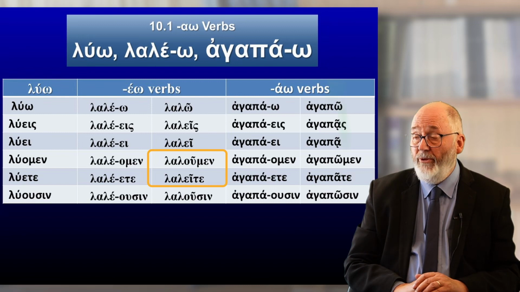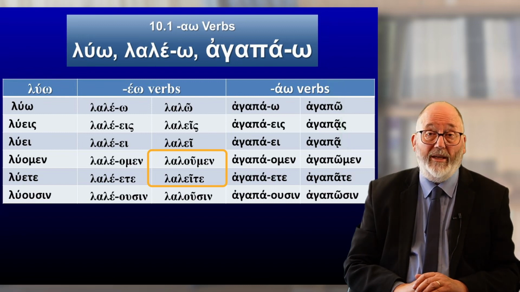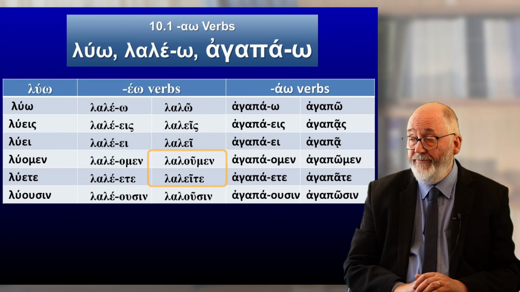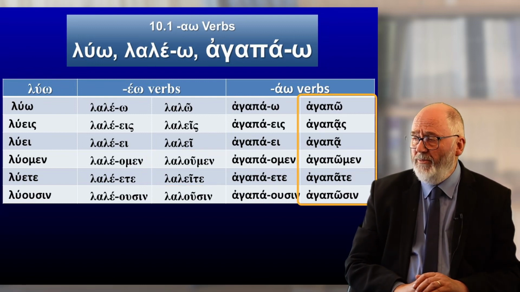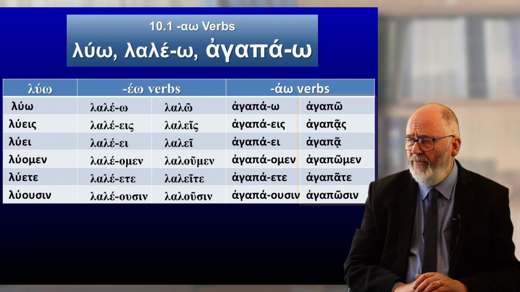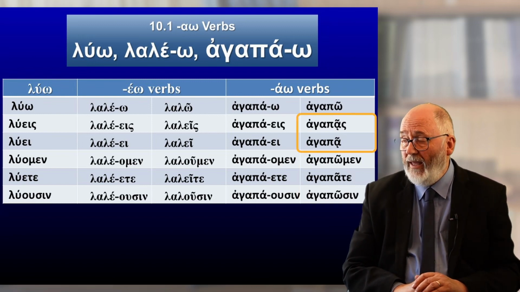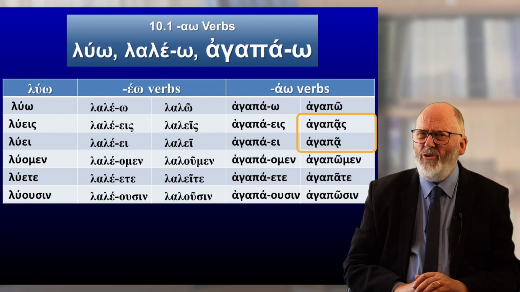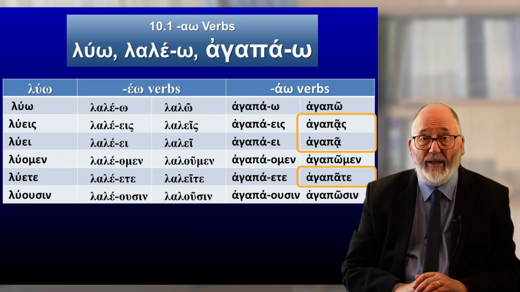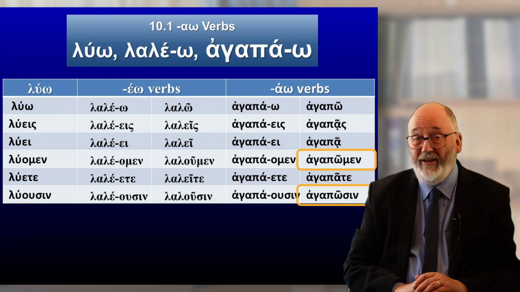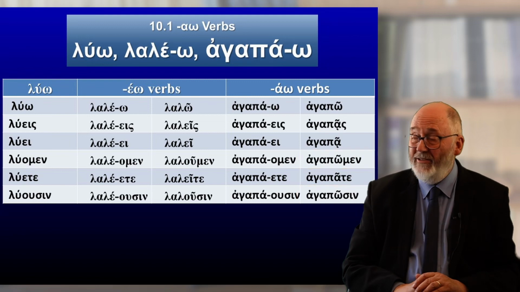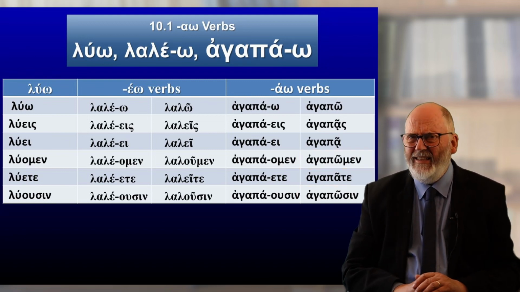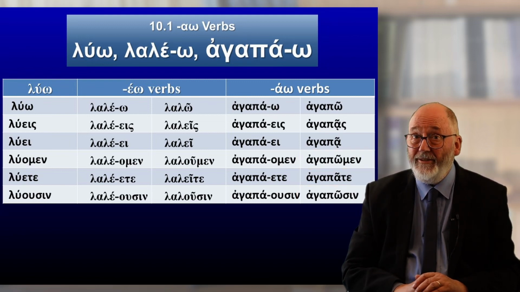We have in the first person plural, λαλοῦμεν, and the second person plural, λαλεῖτε. The changes seem to be greater with ἀγαπάω verbs because we've got ἀγαπῶ, ἀγαπᾷς, ἀγαπᾷ. So there has been a dramatic change. The alpha has kind of swallowed the E sound, and also omicron turns into omega. So the appearance of the endings is a little bit different.